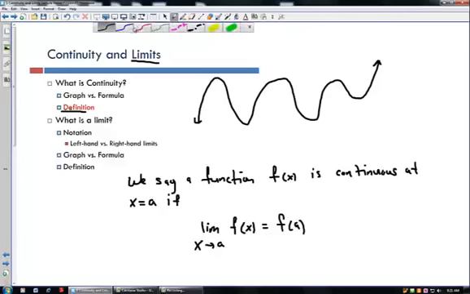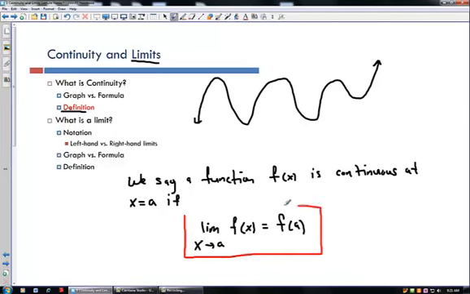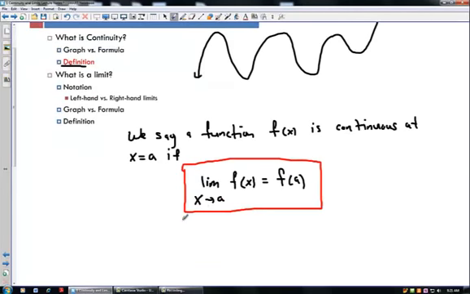So our goal for the next basically week is to try to understand in some sense what do we mean by this idea, this notion of a limit. On the left hand side you have what's called the limit, and let me write it out.